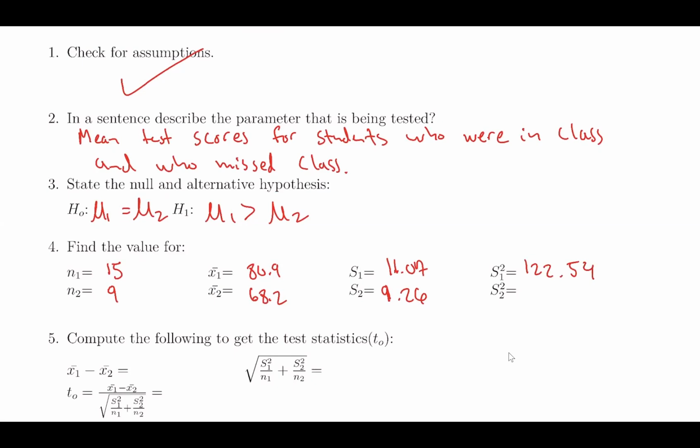I'm also going to do 9.26 squared, and that gives me 85.75. All right, so now we have everything filled out on number 4 to help us do part 5. Any questions so far on anything I put for part 4?